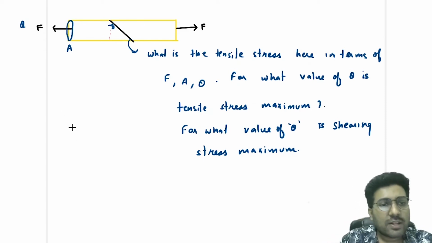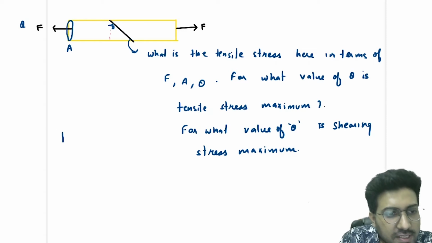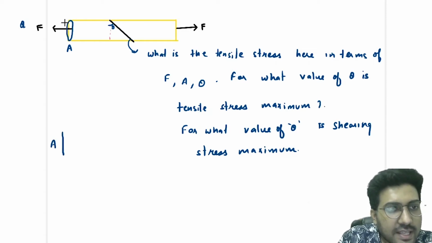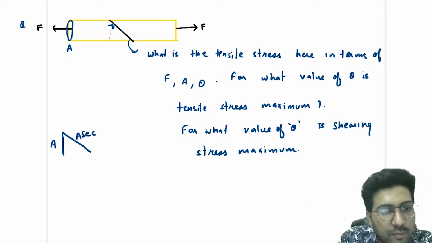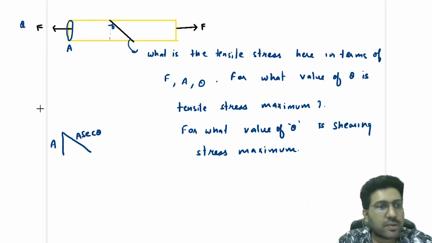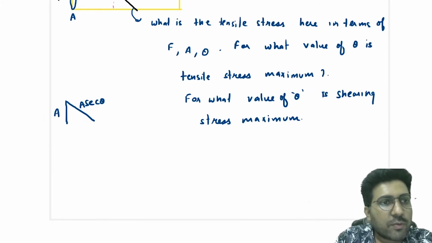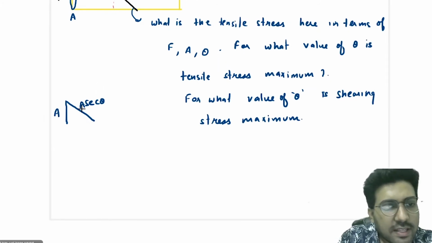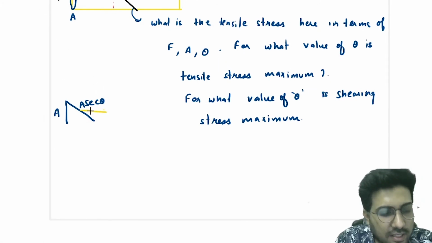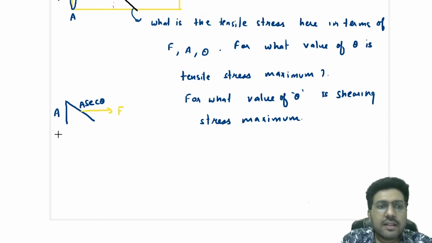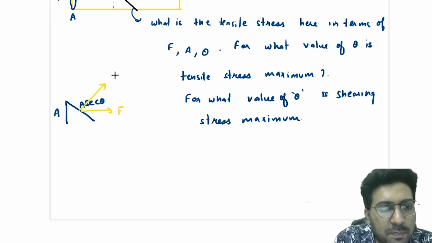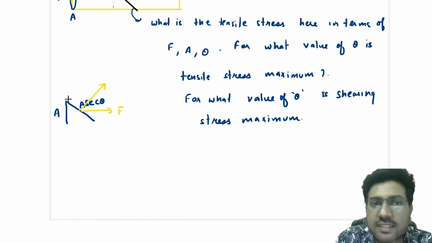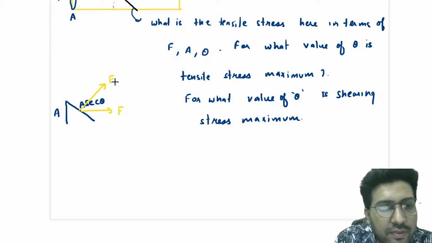So suppose this is A. Now this A is given, right? If this is A, this area is A sec theta. We know the area of the surface that we have to consider. Now the force F is like this, and the component of force which is perpendicular to this given surface area is F cos theta.